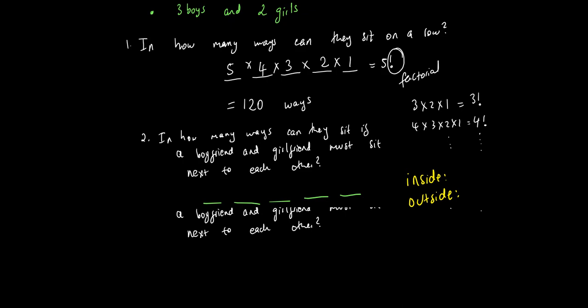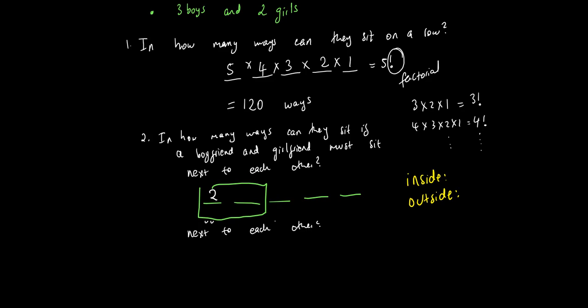So what I do for those who want to sit next to each other, I'm going to put a box for them. In that box, since we're talking about 2 people inside this box, a boyfriend and a girlfriend, for the first seat it could be the boyfriend who sits here, or it could be the girlfriend.